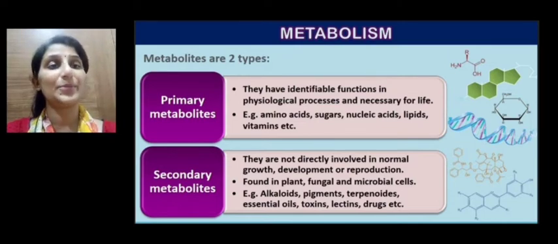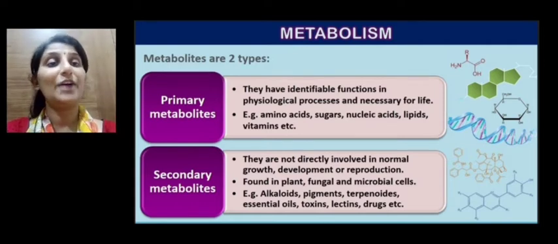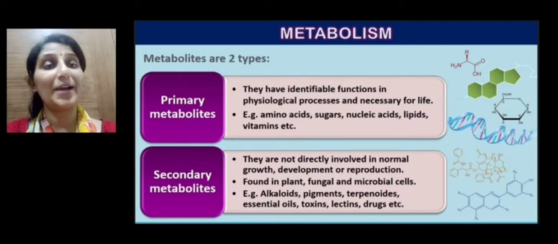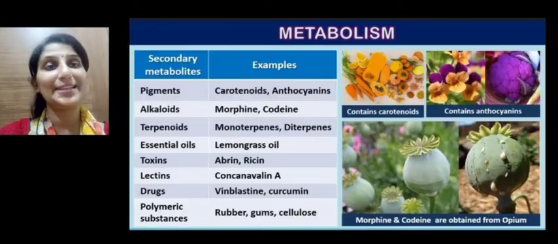Whereas secondary metabolites are not directly involved in normal growth, development and reproduction. They are found in plant, fungal and microbial cells. Examples of secondary metabolites are alkaloids, pigments, terpenoids, essential oils, toxins.